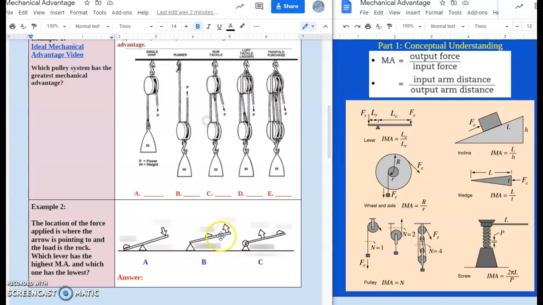Once again, compare the input to the output, and you know the advantage you would have. The greater the input arm is compared to the output, the greater the advantage. Here my input is only this distance, but my output is longer. So which one of these would have the greatest mechanical advantage and why? Also practice explaining why.